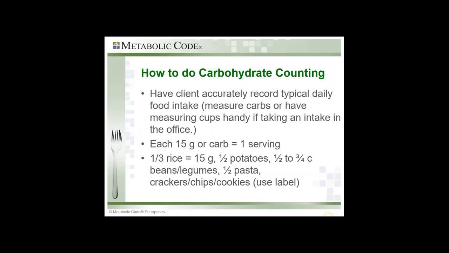When we're looking at cereals, crackers, chips, cookies, and packaged foods, you have to use the label to figure out what is one carb serving from that food. The next slide shows us how to do that.